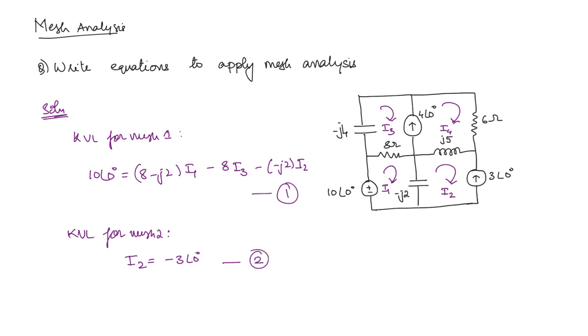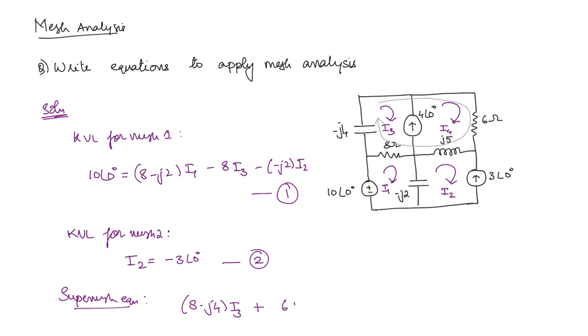Next finally, the super mesh equation. In super mesh, we have to consider both of the meshes together. So that means like this. So what will you get here? First, through this 8 ohms and minus j4, I3 is flowing. So you can write (8 minus j4) I3 plus through 6 and j5, I4 is flowing, right?